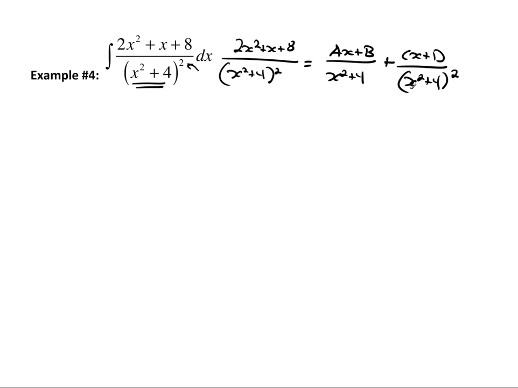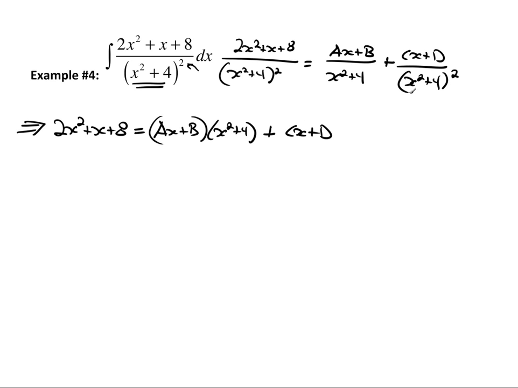So now if I multiply through by x squared plus 4 squared, I'll clear all the fractions, and then what I end up with is 2x squared plus x plus 8 is equal to ax plus b times, I'm going to have one of these x squared plus 4's left over, x squared plus 4 plus cx plus d, because the denominator cleared here.